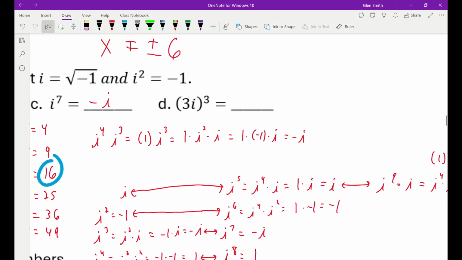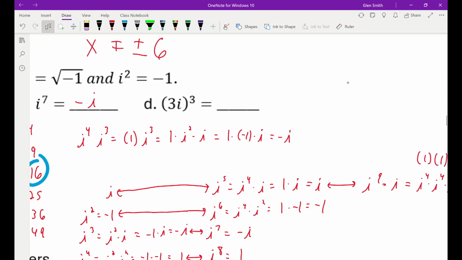Okay. And then for part D, because we're cubing and there's multiplication in here, powers and multiplication play super duper nice. That just takes the 3 and it cubes it, and it takes the i and it cubes it. So it just does that. You want to simplify that down. So 3 cubed is 27.